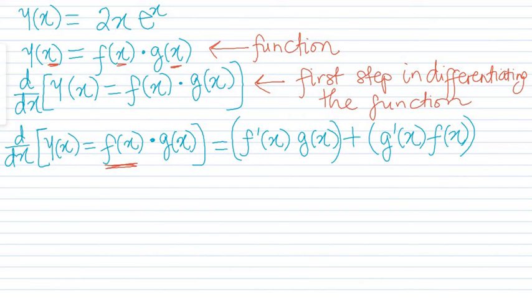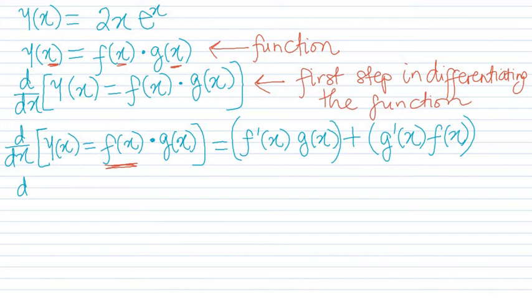So at the end of the day, we end up with f prime of x multiplied by g of x, all that in bracket, plus open bracket g prime of x. So it's basically the derivative of the first function multiplied by the second function, all that in bracket, plus the derivative of the second function multiplied by the first function, and you add them together.